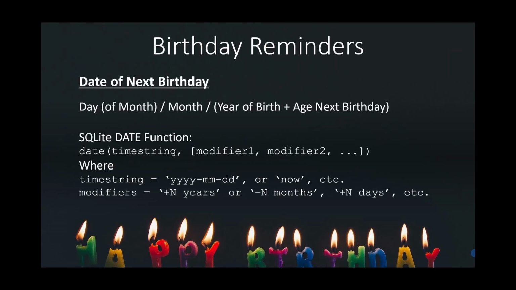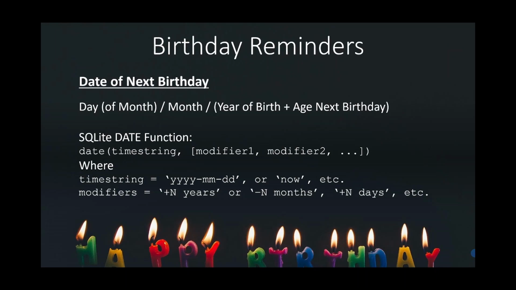So the date of the next birthday will be the day of the month plus the year of birth plus the age next birthday. And there's another SQLite function that we use, and this is called date. For date, we put in date and then we enter a time string and then put in modifiers. And this is where we can add, for example, the age to next birthday.